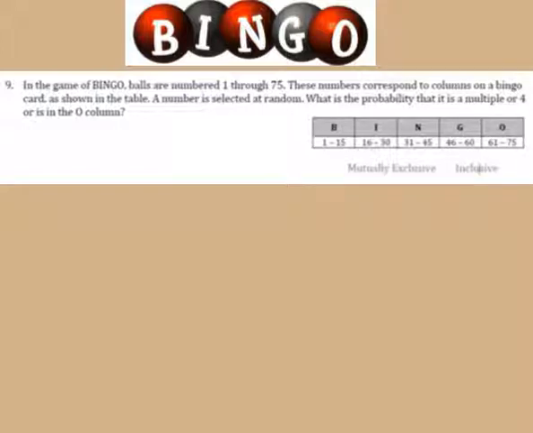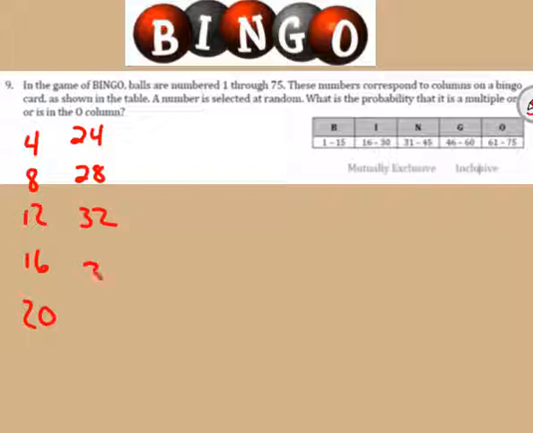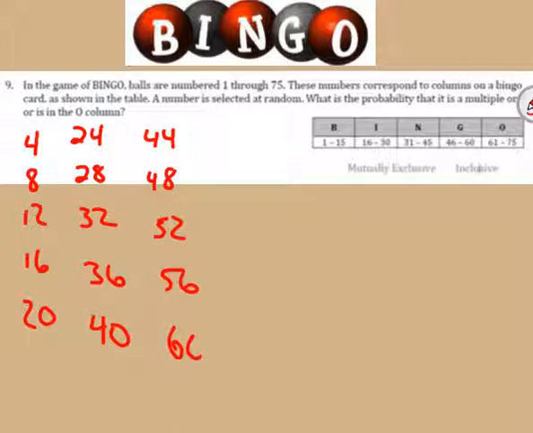Well, first off, you got to know the multiples of 4. So I would have did 4, 8, 12, 16, 20, 24, 28, 32, 36, 40. And I would have did 44, 48, 52, 56, 60.